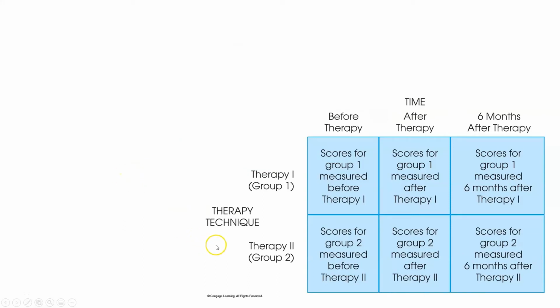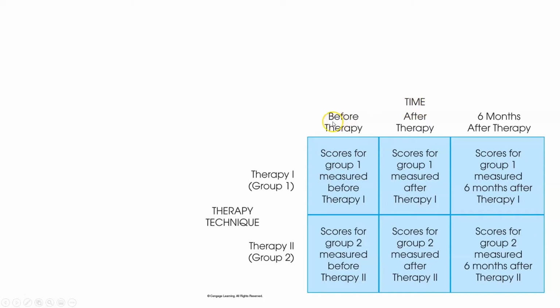Let's work through this example. Here we have a therapy technique. We might have a first group and a second group that have two different kinds of therapy. One might be, I don't know, behavioral therapy, and another one might be cognitive behavioral therapy. Then we have a time series as a second factor.